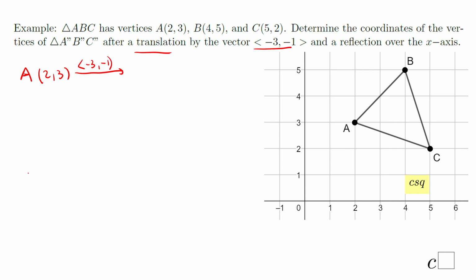Okay, and let me keep that vector notation, not parentheses. And how you do that? Very simple. Just do the addition or subtraction. 2 plus -3 or 2 minus 3, that will be -1. 3 plus -1 or 3 minus 1, that will be 2.